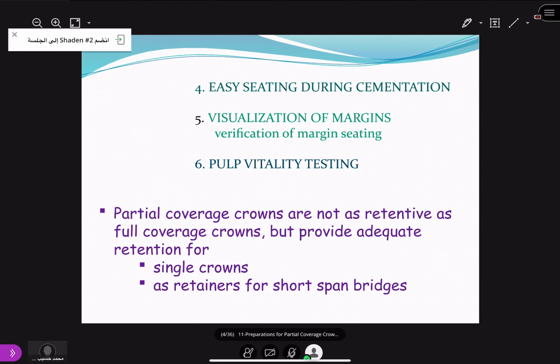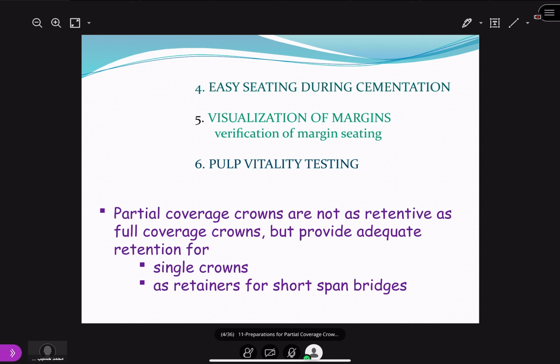The fourth advantage is easy seating during cementation. The fifth advantage is the visualization of the margins and verification of the margin seating, which is very easy. And the sixth advantage is pulp vitality testing. We are able to do the pulp vitality test easily on the tooth with a partial coverage crown.